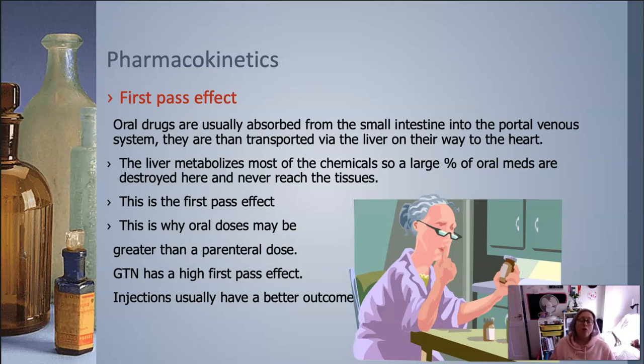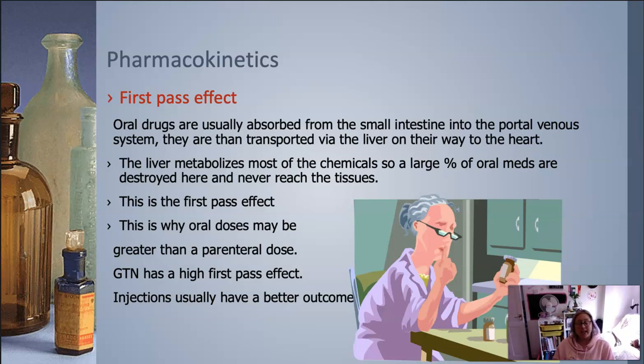So even though orally taken medications have all the positives of being cheaper and easier to use, and they're a lot better for self-administration, if a patient has an infection and they've taken a course of oral antibiotics, and these antibiotics don't seem to have got to the underlying cause of the infection, you might then be admitted or put into some kind of support to be able to have IV antibiotics.